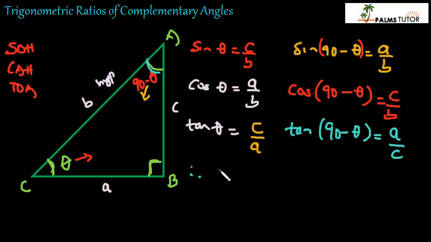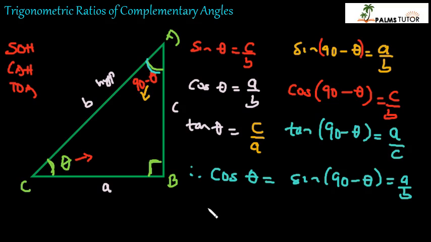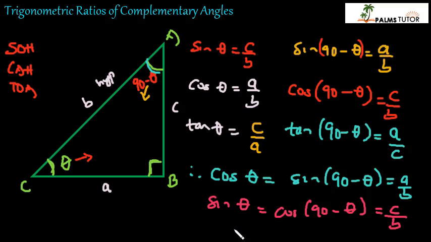So we can say rightly that cos theta equals sine 90 minus theta, which equals A over B. Also we can say that sine theta equals cos 90 minus theta, which equals C over B, because the values are the same. And that's the relationship amongst trigonometric ratios of complementary angles.